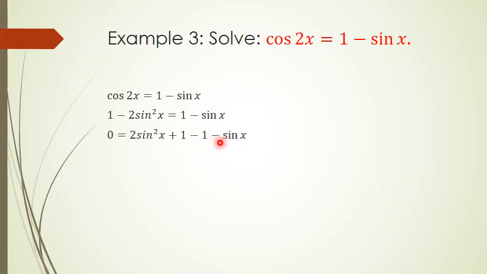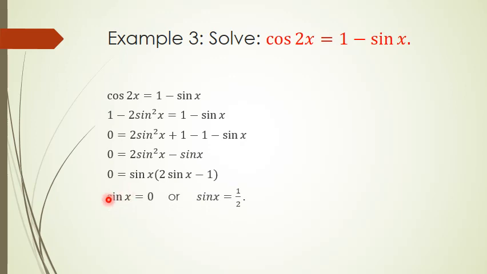Then minus sine x. Then plus 1 minus 1 is 0. That leaves us with 2 sine squared x minus sine x. Taking out a common factor sine x, 0 equal to sine x into 2 sine x minus 1. That means either sine x equal to 0 or sine x equal to half.